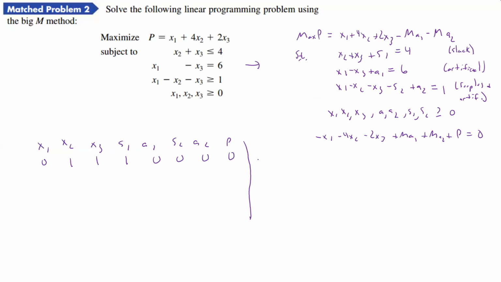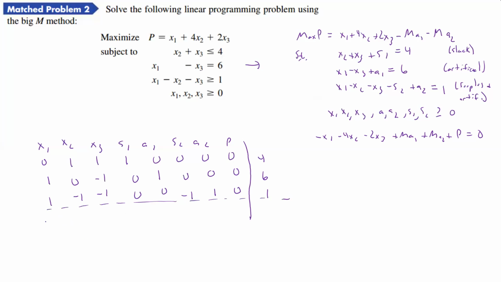And then that's going to be a 4. And then we have a 1, a 0, a minus 1, a 0. And then we had the artificial variable we added, and then 0, 0, 0, and then a 6. And then we have a 1, a minus 1, a minus 1. Then we have a couple of zeros because we've already filled those. Then we have a minus 1 and a 1 and a 0, and then that was equal to 1.